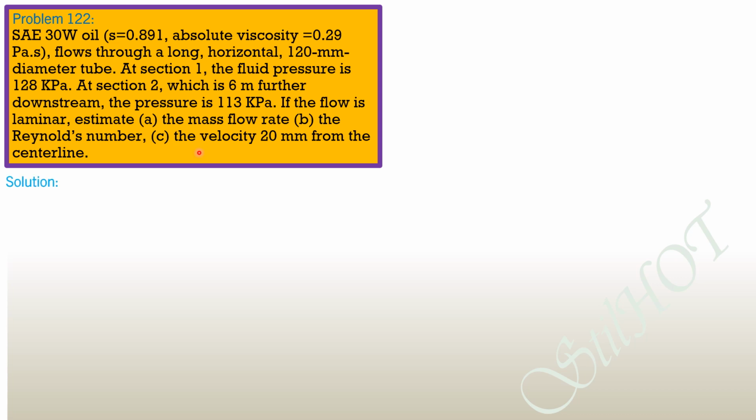So for our solution, we take note that the flow is laminar, and we are given the difference in pressure, which is equal to specific weight of SAE oil times head loss. So P sub 1 minus P sub 2 equals specific weight of oil times head loss.